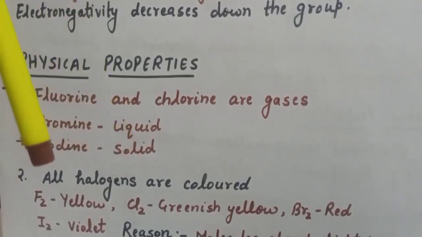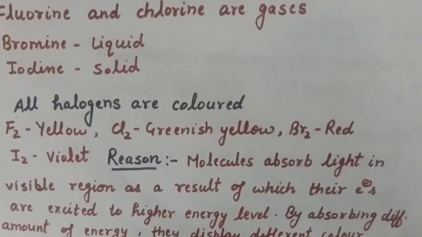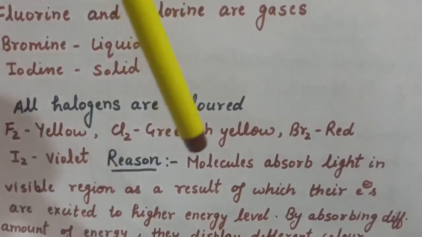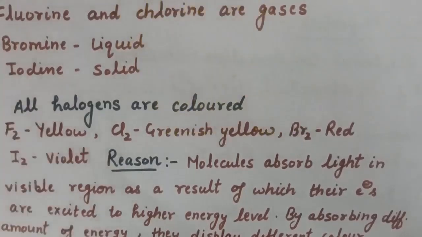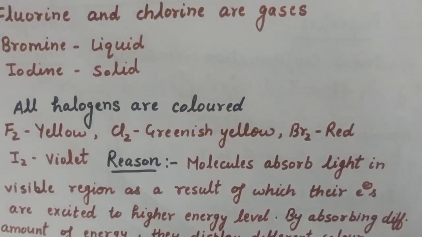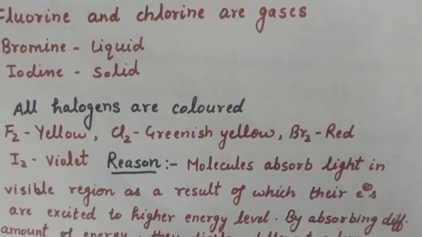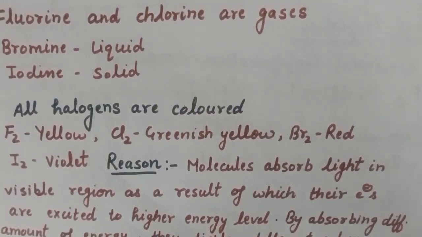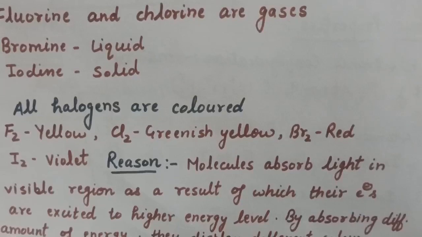The reason is that molecules of halogens absorb light in the visible region. As a result, excitation of an outer electron takes place from a lower energy level to a higher energy level.